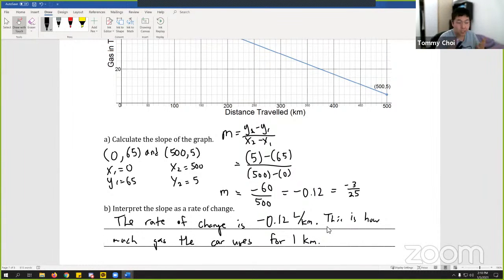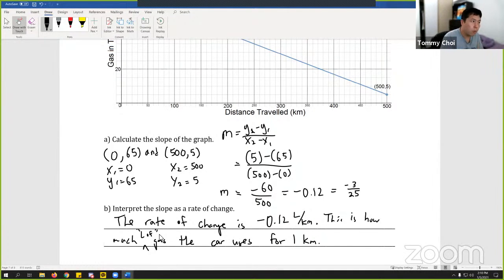Right? The car uses, I should say, how much liters of gas, to be more specific. Right? This is how much liters of gas the car uses for 1 kilometer. It uses up 0.12 liters per 1 kilometer.